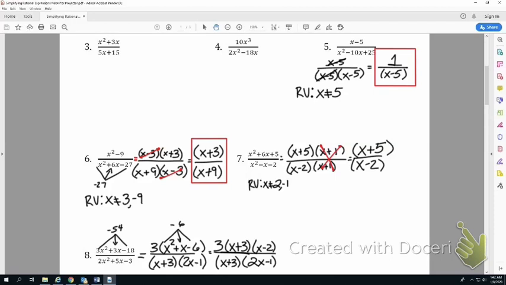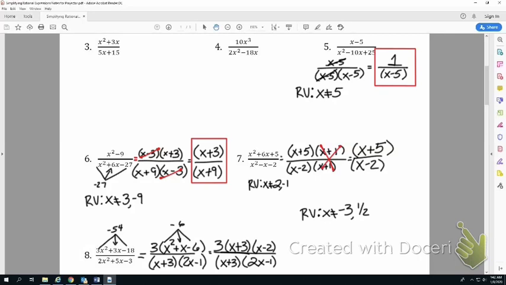Jeremiah, what is one of my restricted values? Negative 3. Alvin, what's the other one? 1/2. All right. Alessandra, looking at the problem back down here, does anything cancel out?